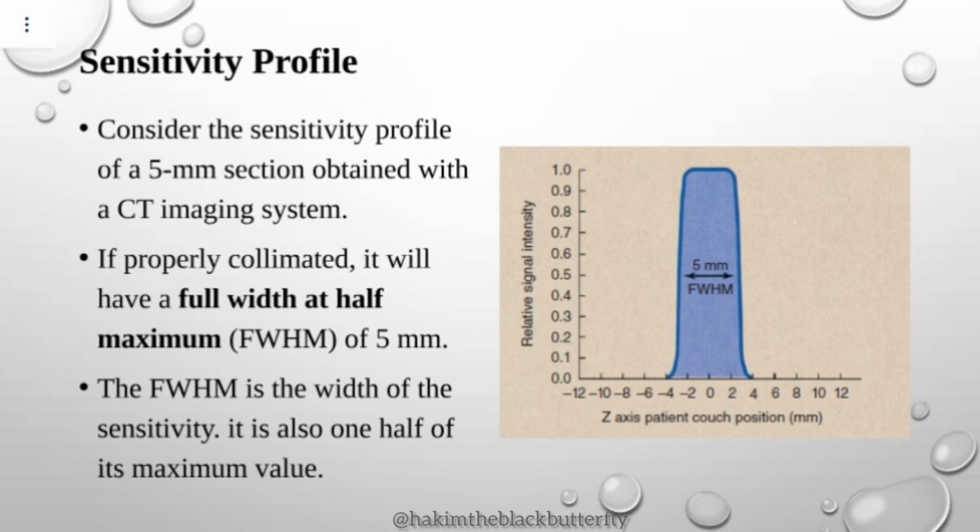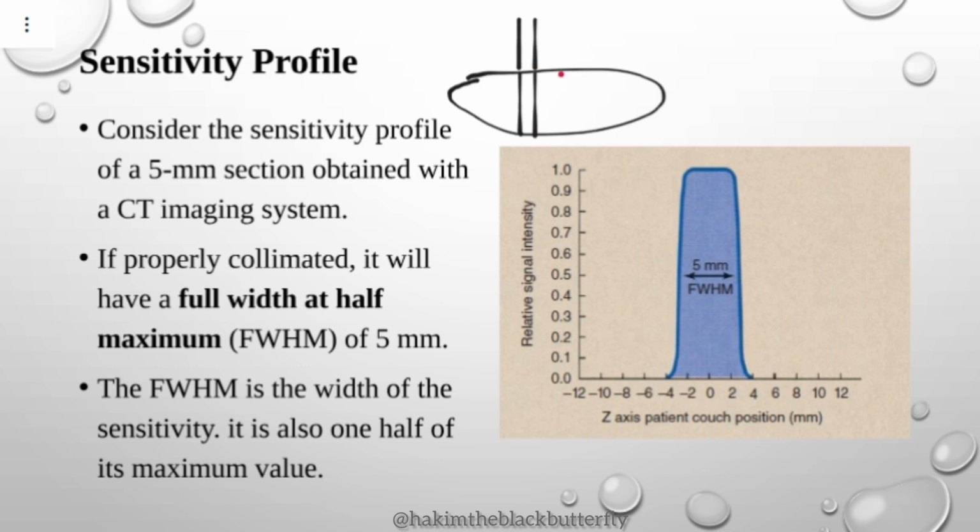We have what we call the sensitivity profile. We normally assume that when the beam is collimated, it only covers where it wants that slice from, as if we are going to have a beam passing through a perfect dimension of the anatomy.